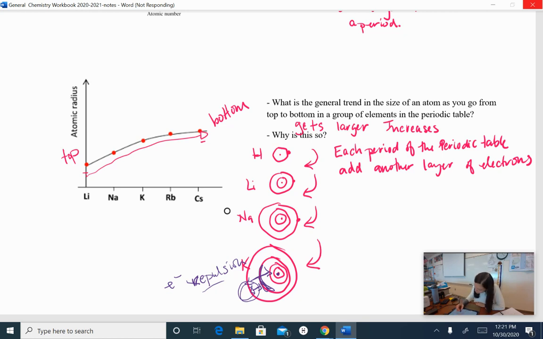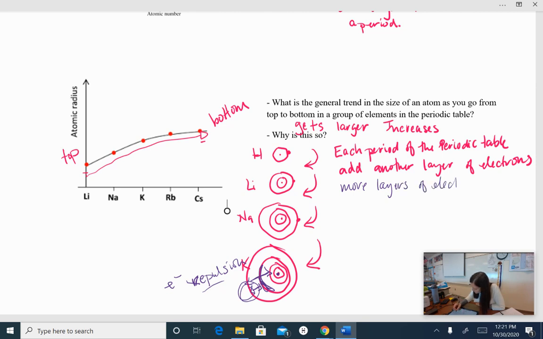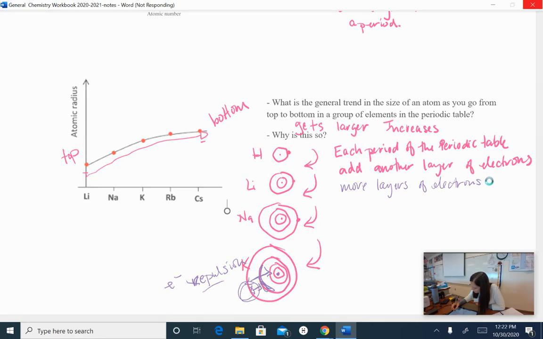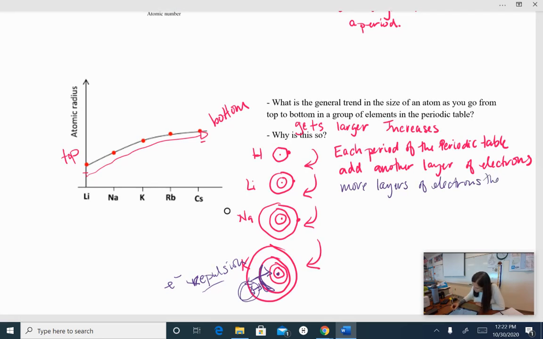So the more layers of electrons, the more electron to electron repulsion we have.